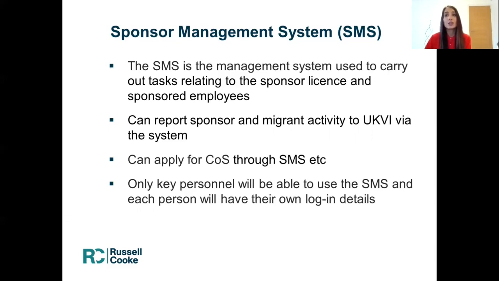So you can effectively report any sponsor or migrant activity through the system, which includes applying for a certificate of sponsorship. Now, only key personnel will be able to use the SMS, and each person will have their own login details, which means not everyone from the organisation will have access to the SMS.